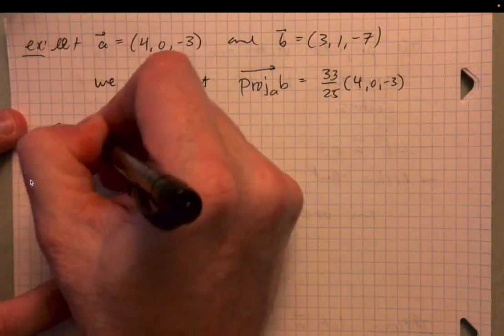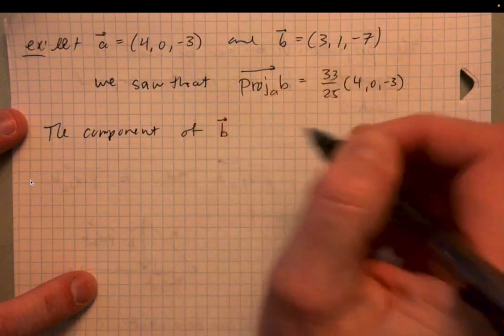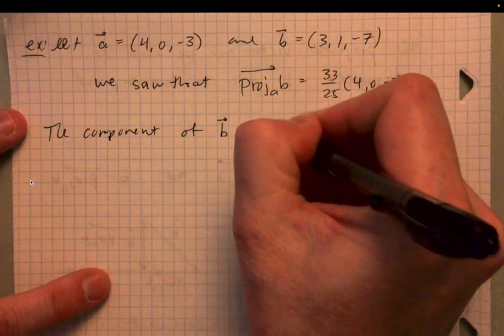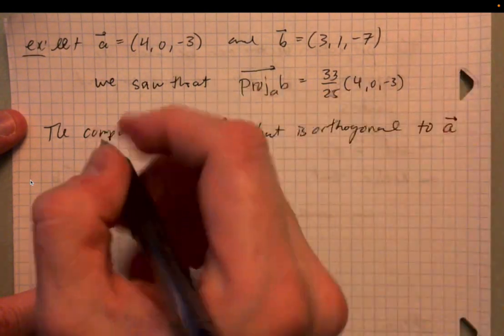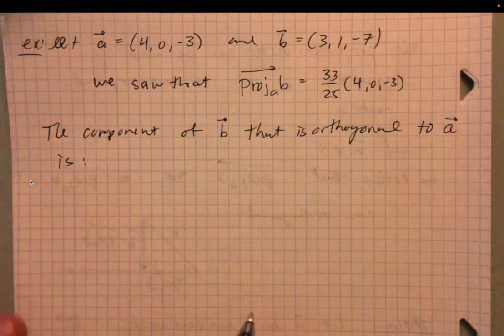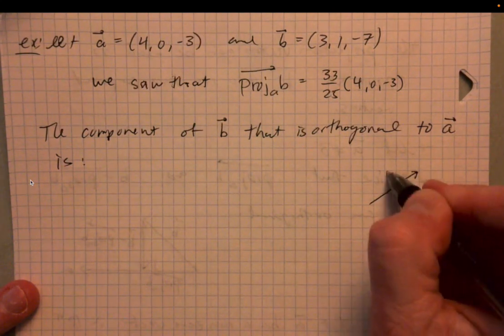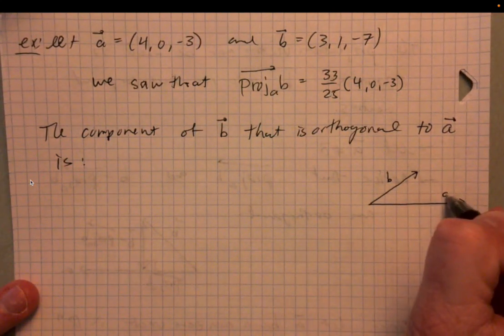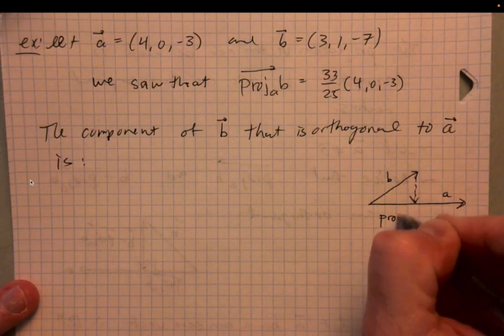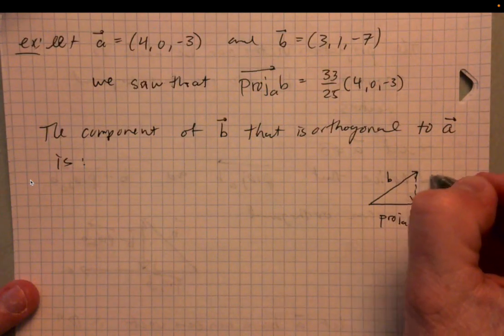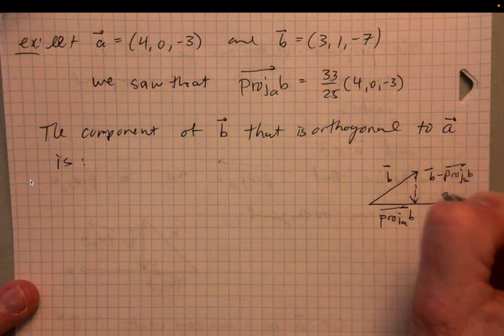Okay, so the component of B that is orthogonal to A is, well, let me make sure this terminology is clear. So here's my B, here's my A. I drop this down. We just talked about how this is the projection of B onto A, and this is B minus the projection of B onto A. These are all vectors.